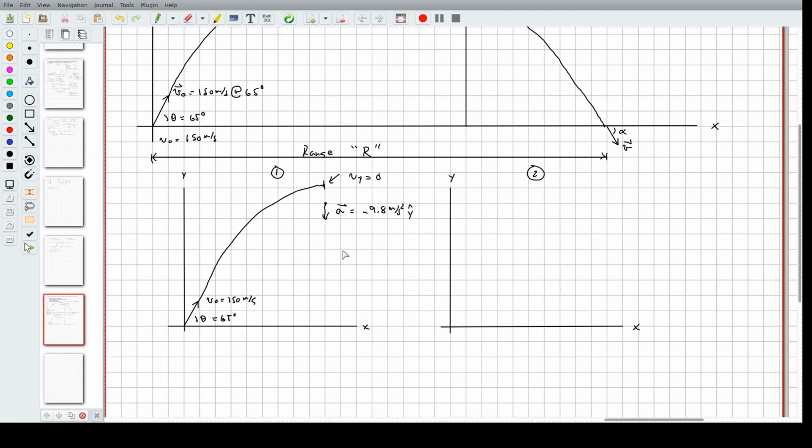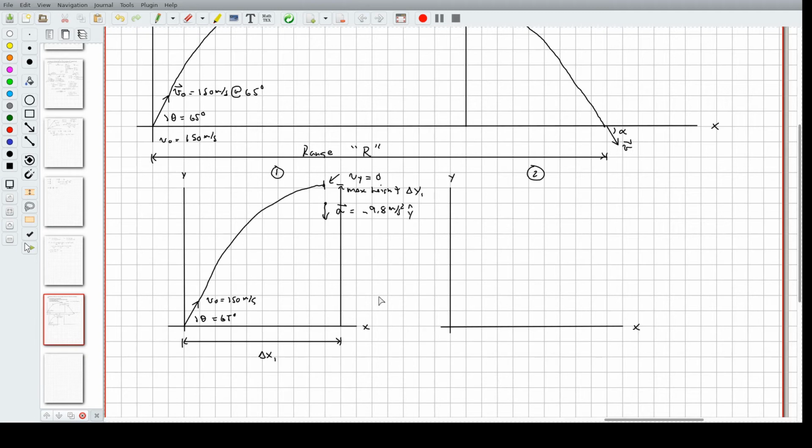Now, so let's label a few things here again. This right here is going to be your max height, and this is also going to be your displacement in the y direction. Okay, so for the first part, that's your displacement in the y direction. This right here is part of the range in the x direction. So since it belongs to the first part, we're going to just index it as 1.